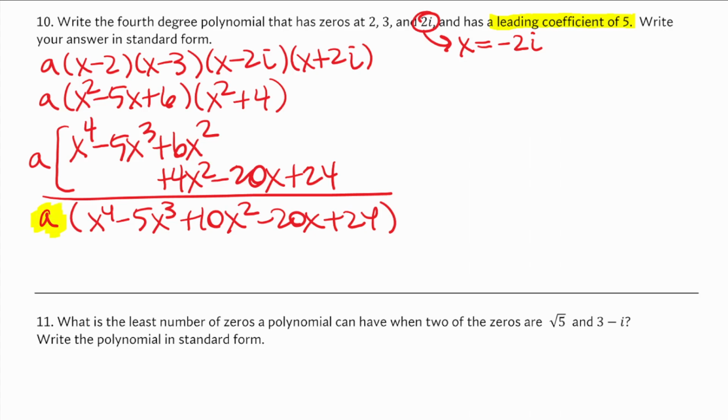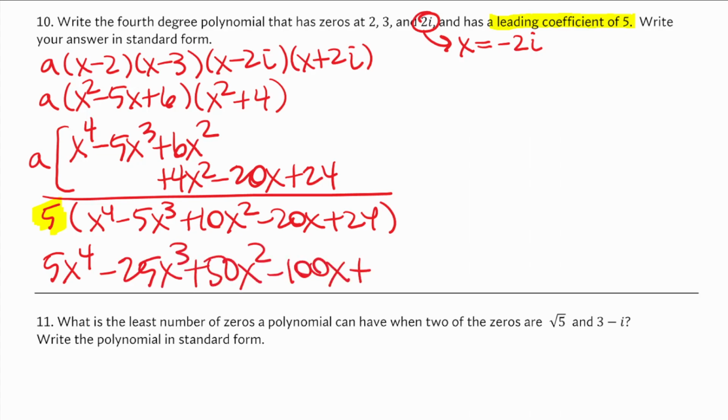And let's say, 5 times x to the 4 is 5x to the 4. Actually, let me just write it in like that. Then I'll re-emphasize it. 5x to the 4 minus 25x to the 3 plus 50x to the 2 minus 100x. 24 times 5, well, that would be 120.